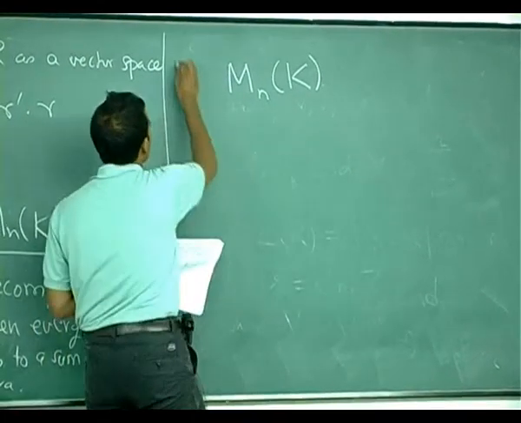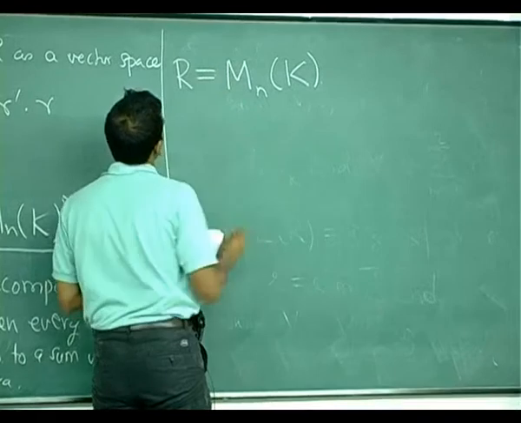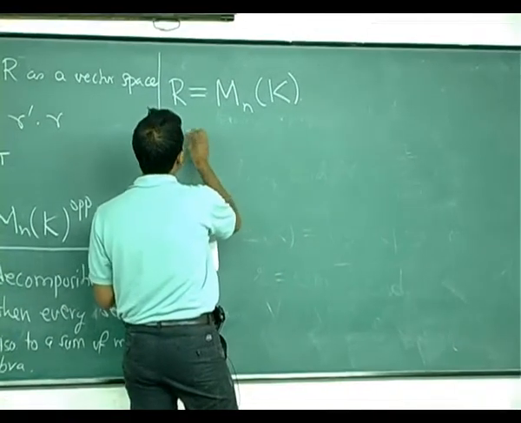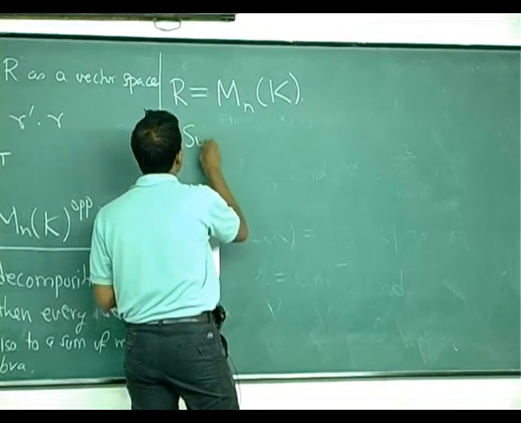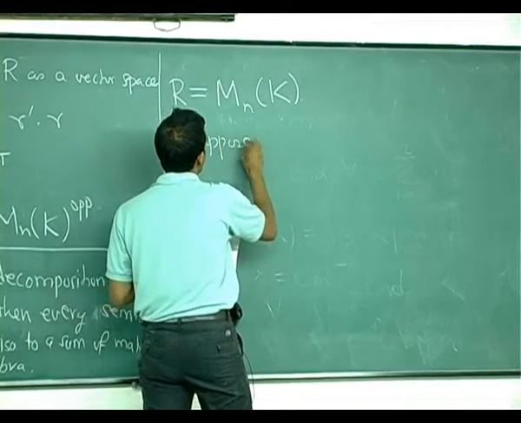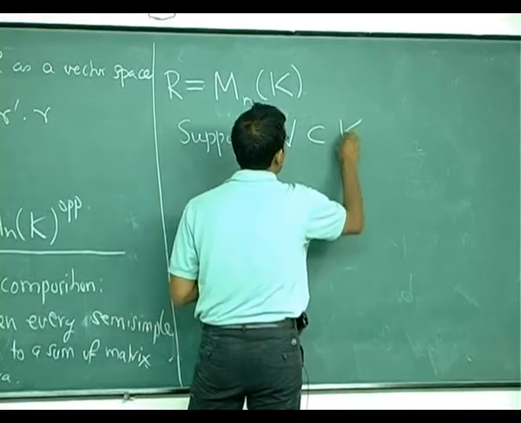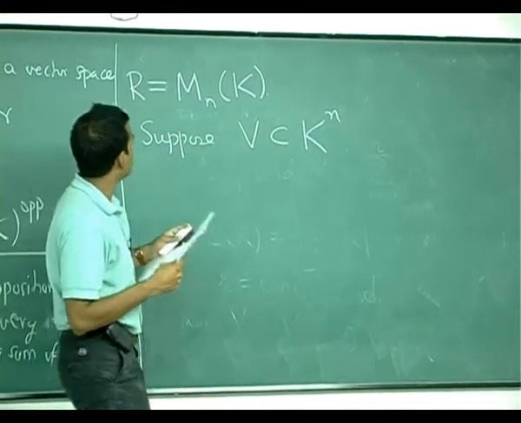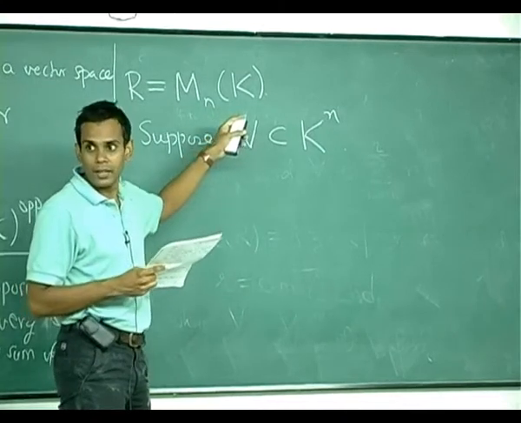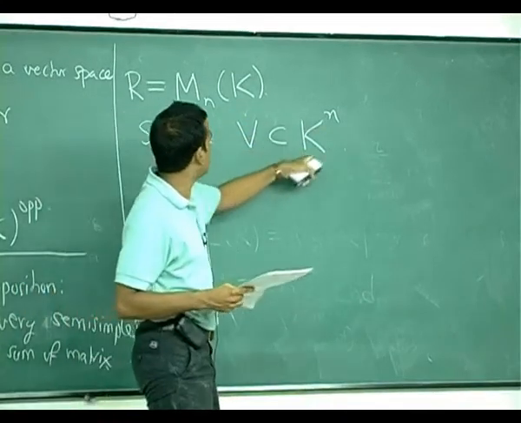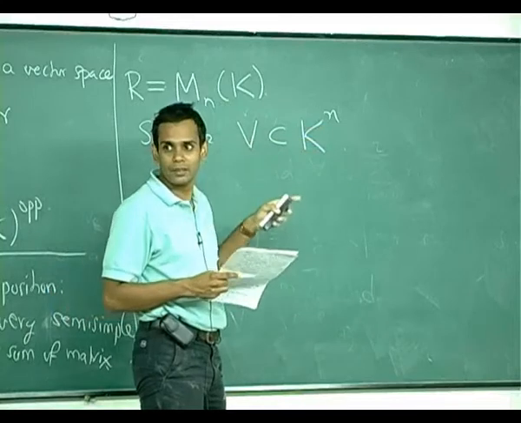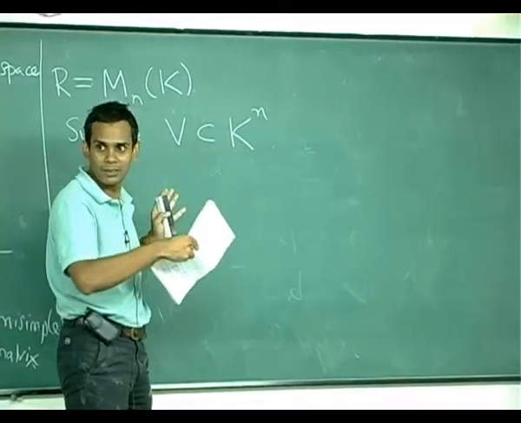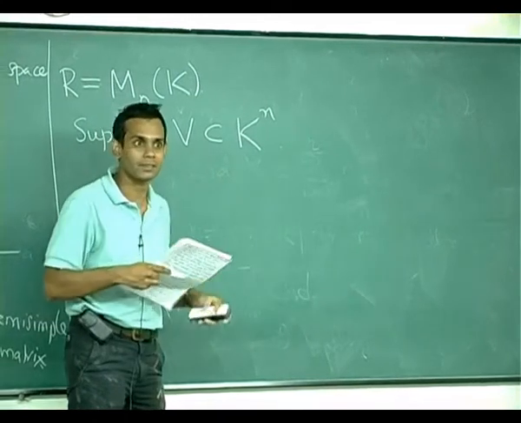So let's take this to be our R. Suppose V is a subspace of K to the power n, the n-dimensional vector space over K. This is itself an R module. In fact, you can think of this as column vectors, with the algebra acting by left multiplication of a matrix on a column vector.